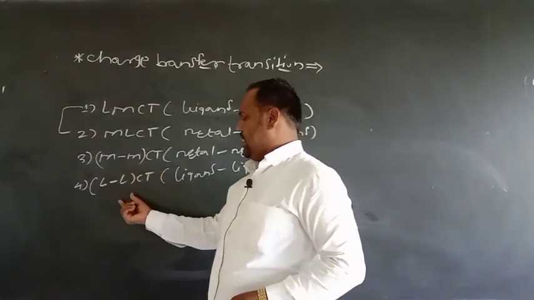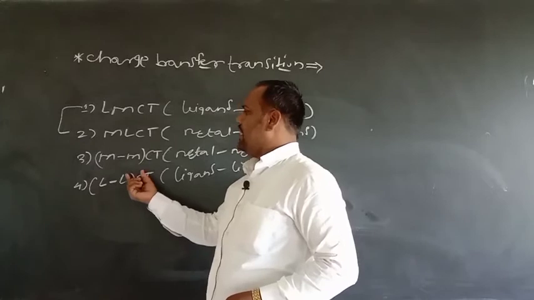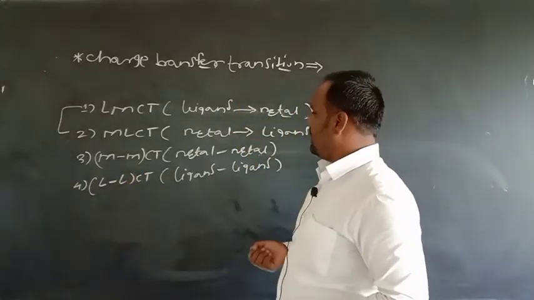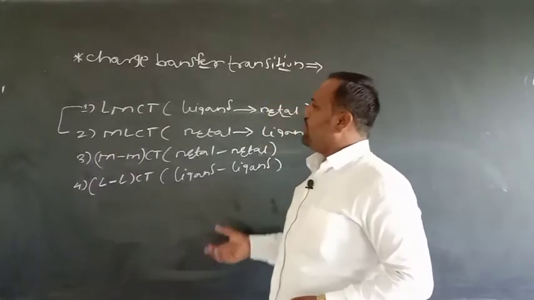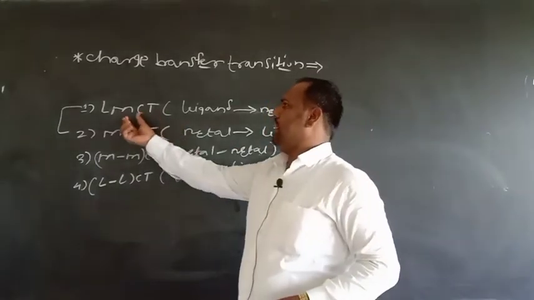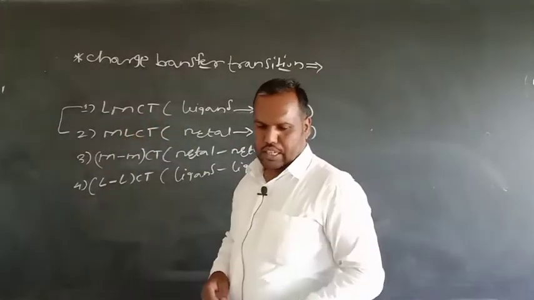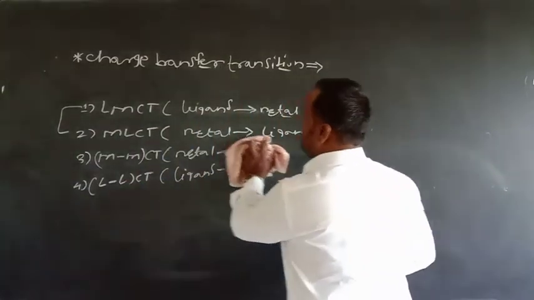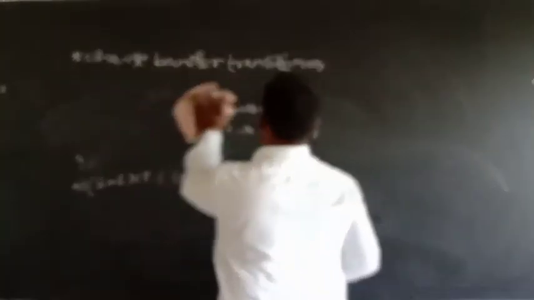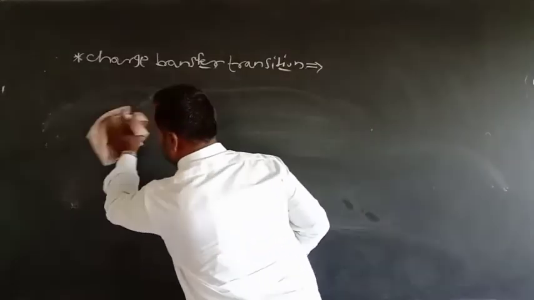Metal to metal and ligand to ligand charge transfer transitions are very limited. We are very much interested in LMCT and MLCT. So let us discuss the LMCT transition, that is ligand to metal charge transfer transition.